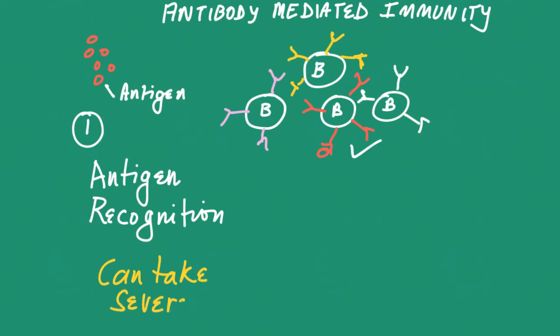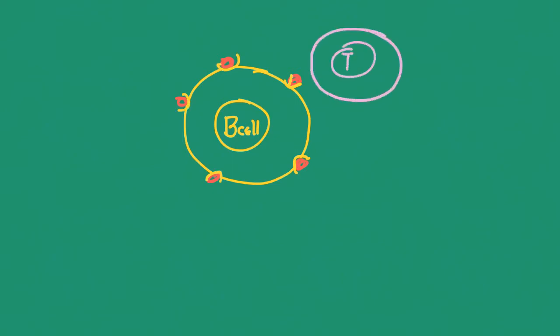By then, the virus is already multiplying and infecting the body. Even though the correct B cell and its antibody has been chosen, the antibodies cannot be made until permission is received from the helper T cell. So a different kind of B cell presents the antigen to the helper T cell.